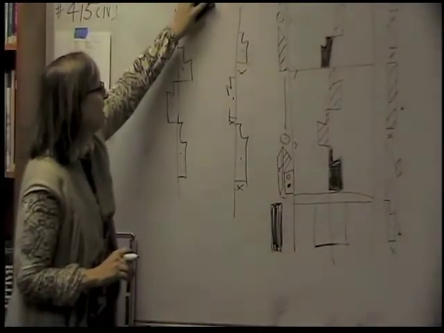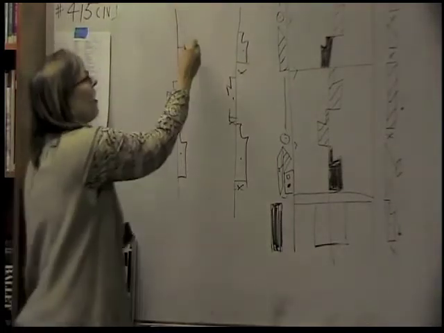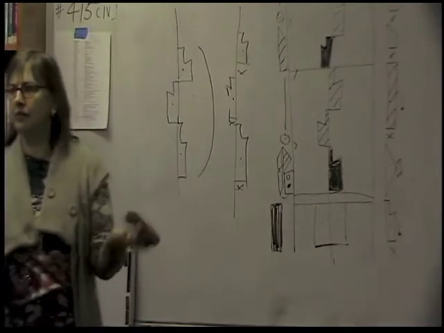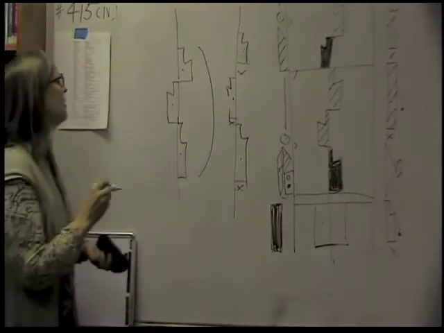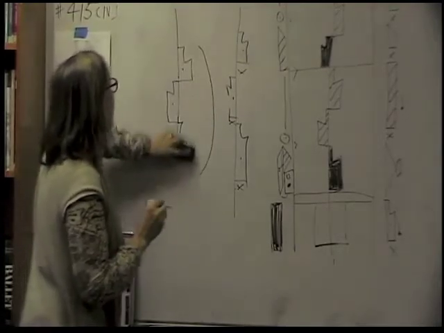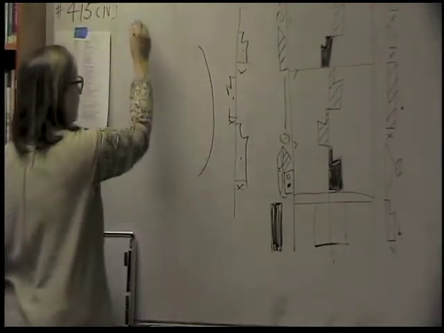Sometimes we make use of something called a bow like this, which could be a phrasing bow. Let's just use an example where we have the arm.